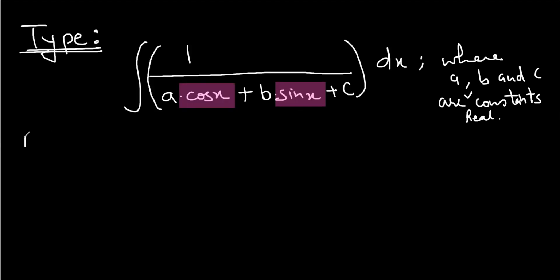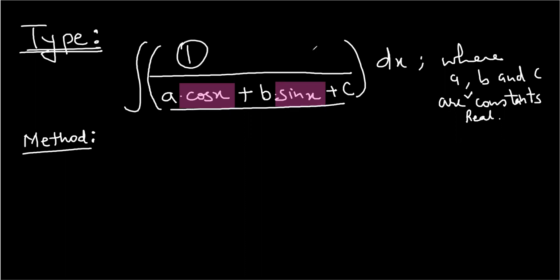Now we go for the method. This method is very much different from the method that you had in the earlier type. In the earlier type, you divided numerator and denominator by cos square x.